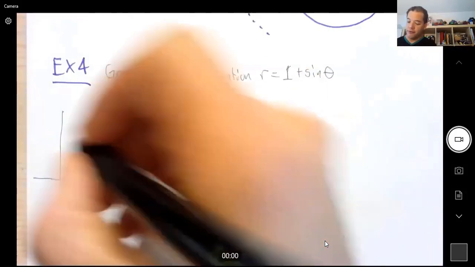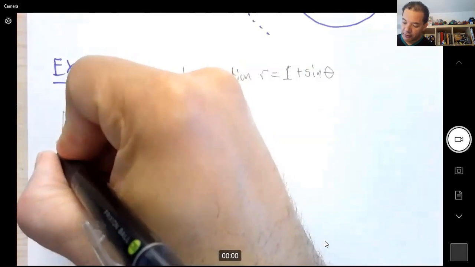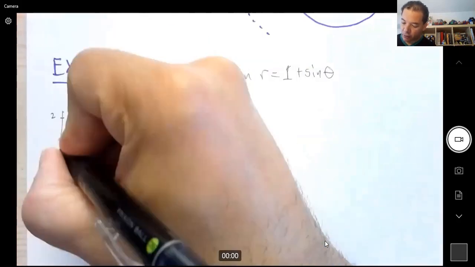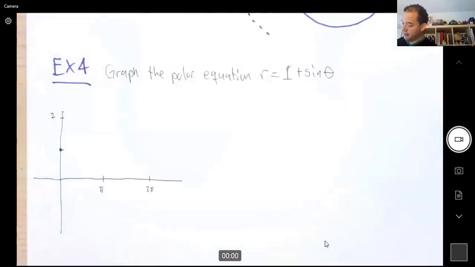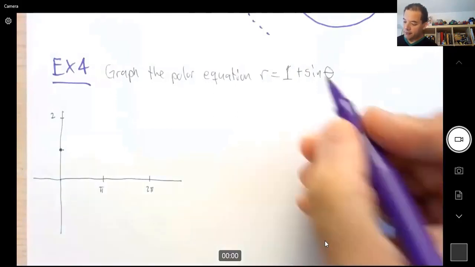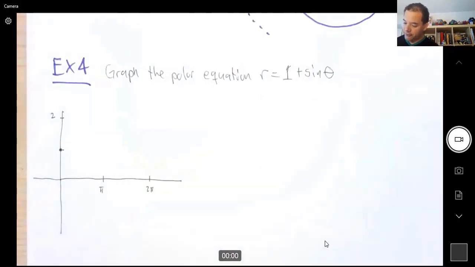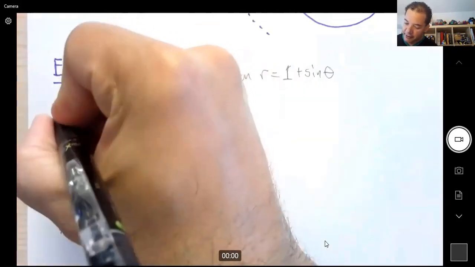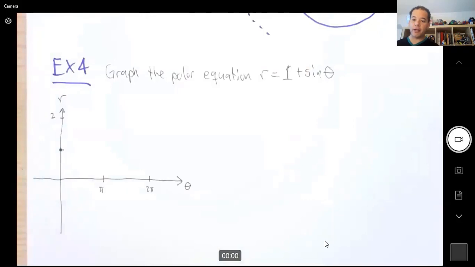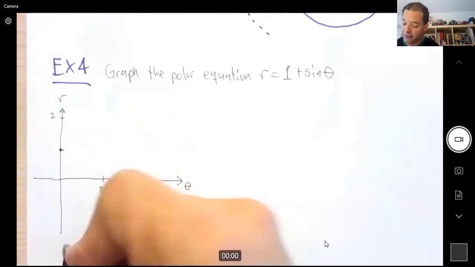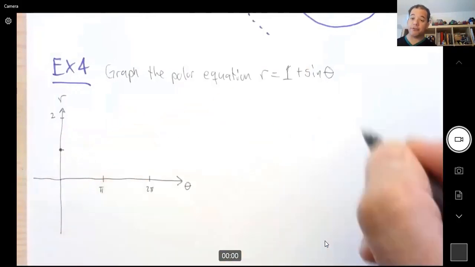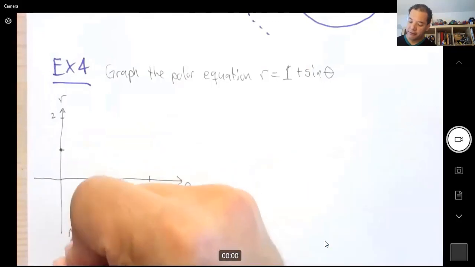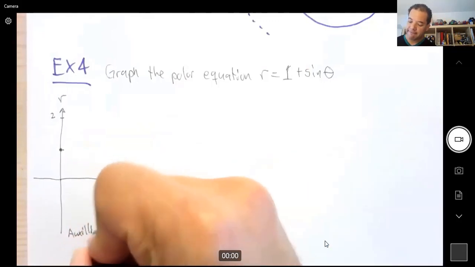It usually starts at 0, so it's going to start at 1, and it's going to go like this. So when theta is 0, we're drawing in a rectangular way where this is theta and this is r. That's what we're doing. Now this is going to be an auxiliary graph, right? This is going to help us do the real one. So this is an auxiliary graph.